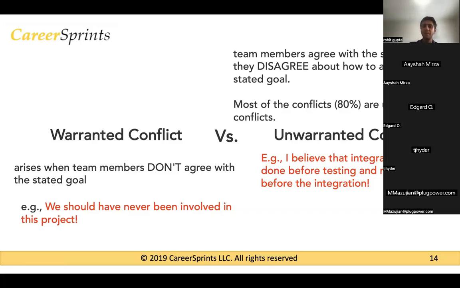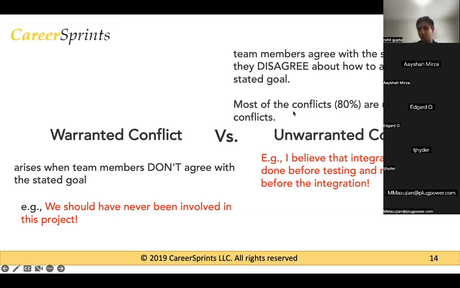Maybe you feel that project components should be integrated before the testing is done, and not that first you do testing and then you do the integration. So this is when team members disagree about how to go about, let's say, the technical implementations of the project, or anything related to resource management. All of these elements would qualify under unwarranted conflict, right?